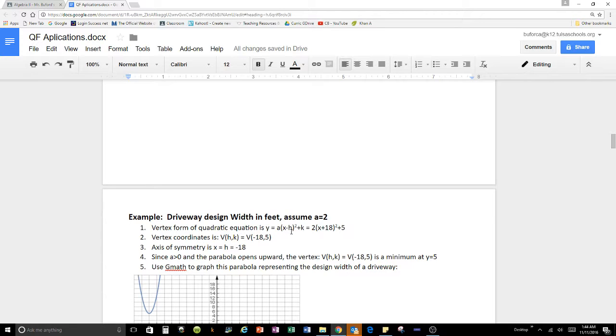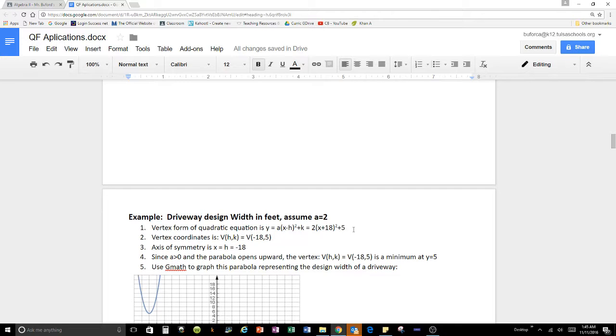I keep saying minus 18. You guys keep telling me I'm supposed to say negative 18. So the negative 18, which is h, and that minus sign makes that a plus 18. k is equal to 5. So we put that there. And we've been given that a is equal to 2, and so there, we're done. That's the vertex form of the quadratic equation.